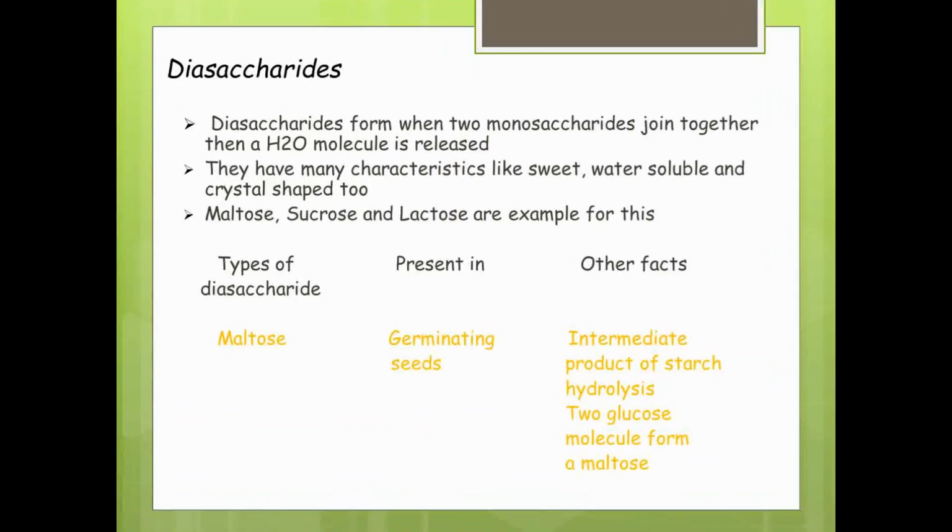Let's see about the disaccharides, the second division of carbohydrates. How do disaccharides form? When two monosaccharides join together, a disaccharide forms.